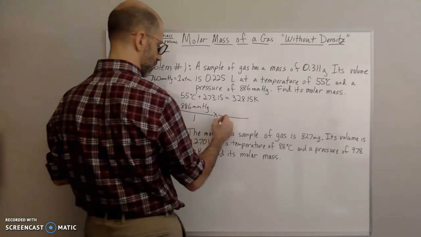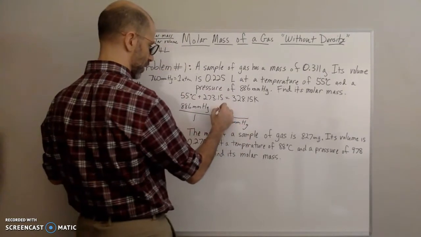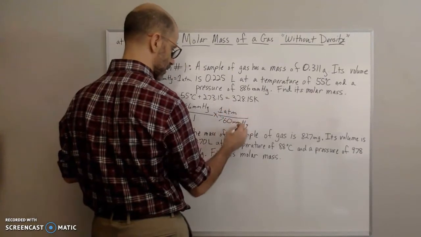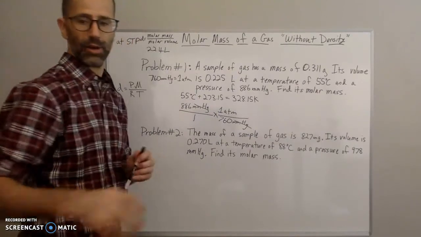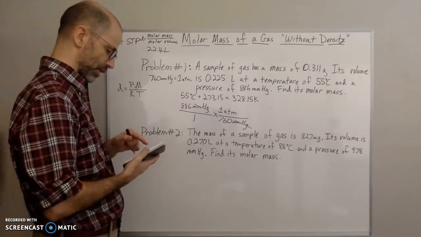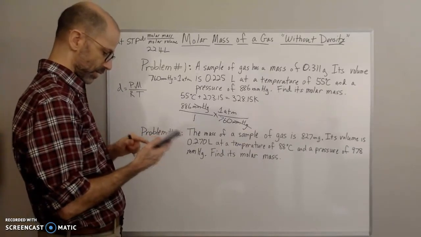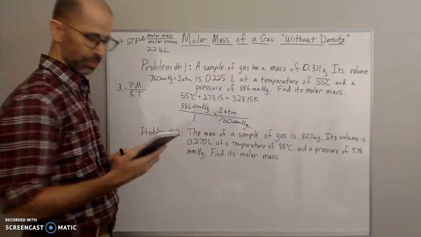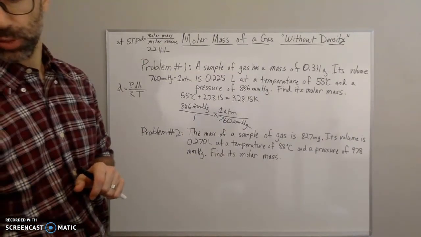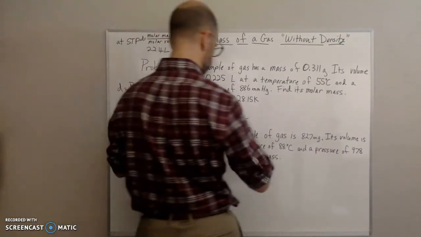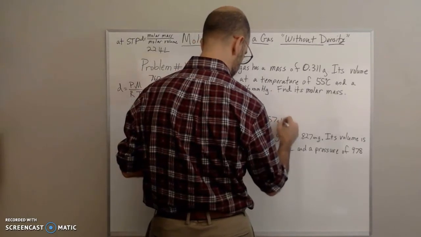I'm going to put 760 millimeters of mercury on the bottom and 1 atmosphere on top. Millimeters of mercury will cancel out. And now I can calculate the pressure in atmospheres. So 886 divided by 760 equals 1.1657 atmospheres.